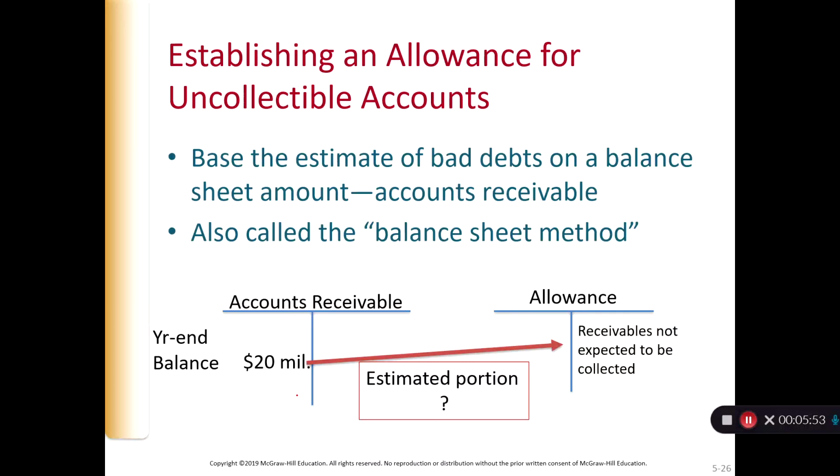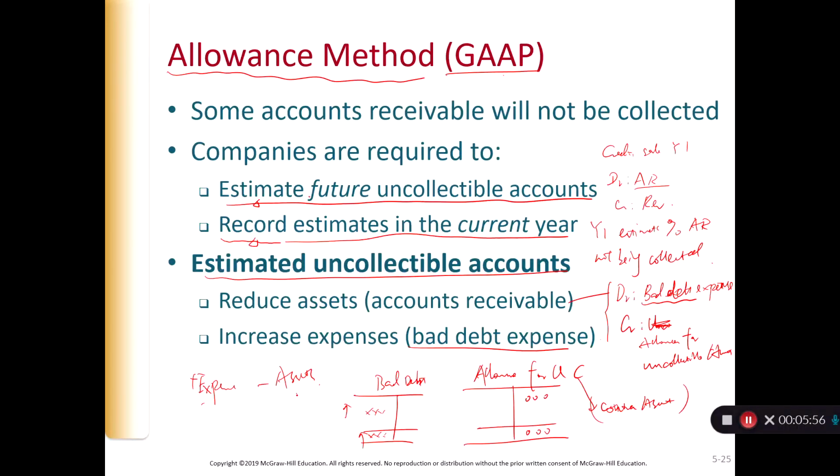Okay, so let's see. By the way, the most important thing about this transaction is that it's the first time ever you are recording something that has never happened yet, right? The earlier transactions we learned from chapter 1 to chapter 4 are always recording things that have already happened. But in this chapter, on the allowance method, we're recording things that have not even happened yet, okay?